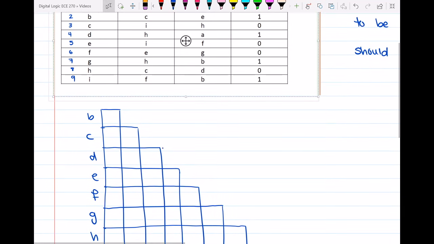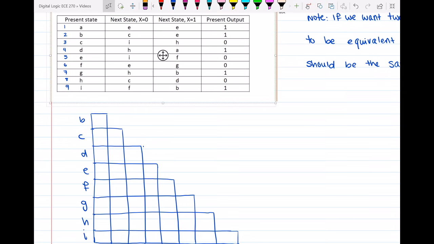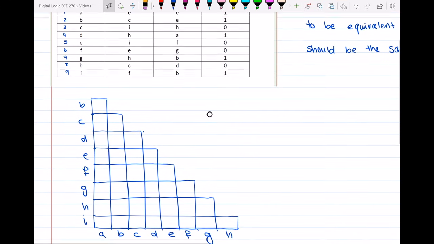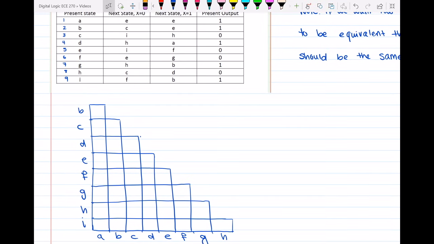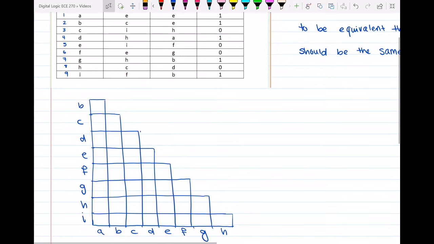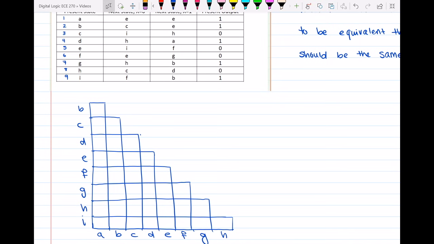So row number 1, we have present state as A, and then we have next states as E, and then the output is 1. So we want to first compare row 1 and row 2. So A and B. Let's look at the outputs. Are the outputs the same? Yes, we see that for both of them, we have outputs equal to 1. Okay, so what we can do is that we only need to look at the next states for x equal to 0 and x equal to 1.